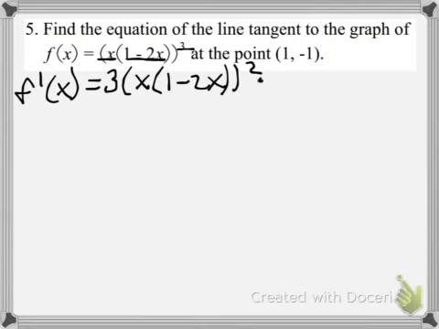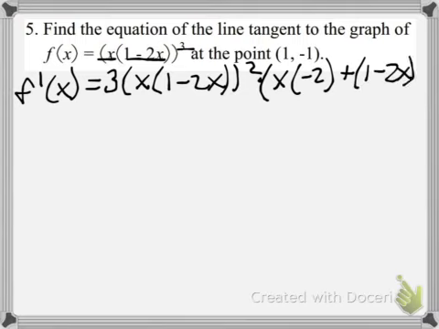Well, I'm going to have to do product rule because this is a function times another function. Product rule says you do the first times the derivative of the second plus the second times the derivative of the first, which in this case is just 1.